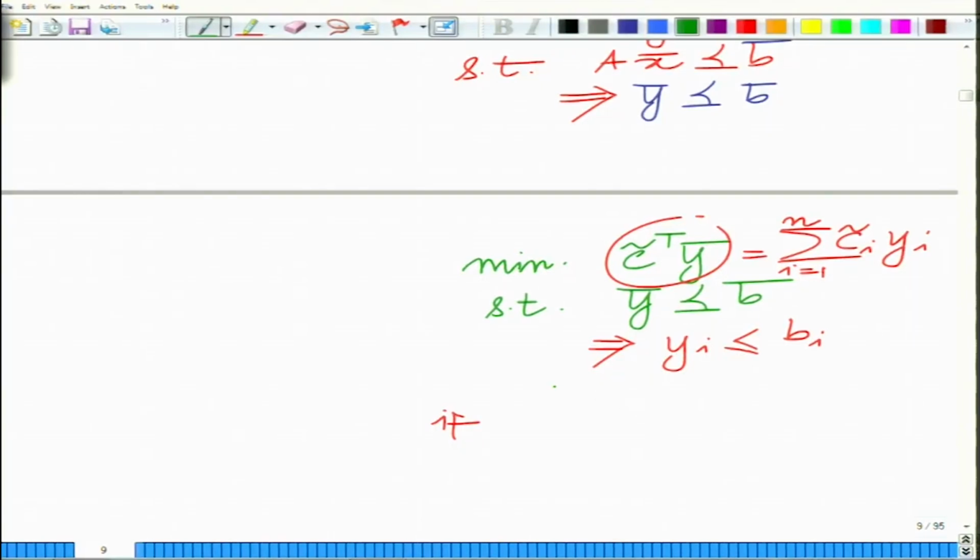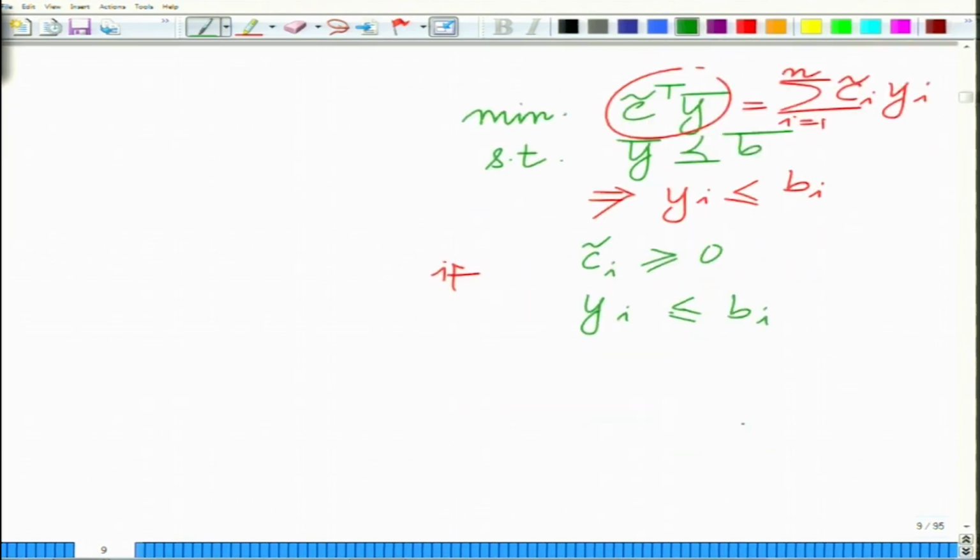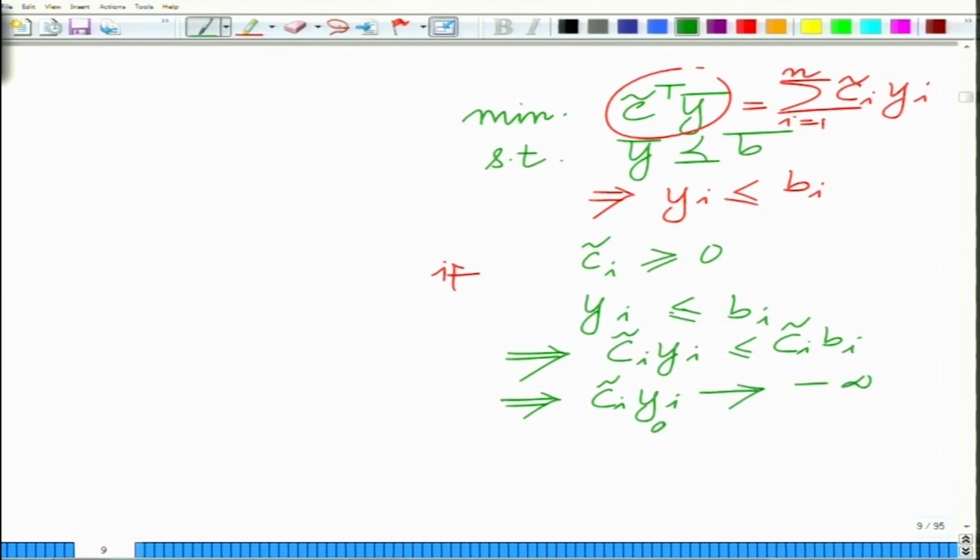Now see, if C i tilde is greater than or equal to 0, we have y i less than or equal to b i, which implies C i tilde y i tends to minus infinity as y i tends to minus infinity.